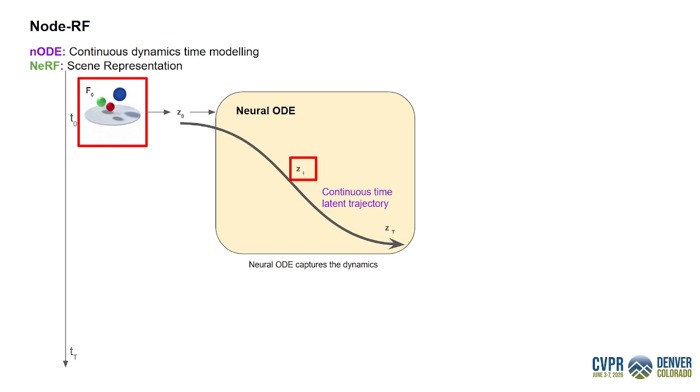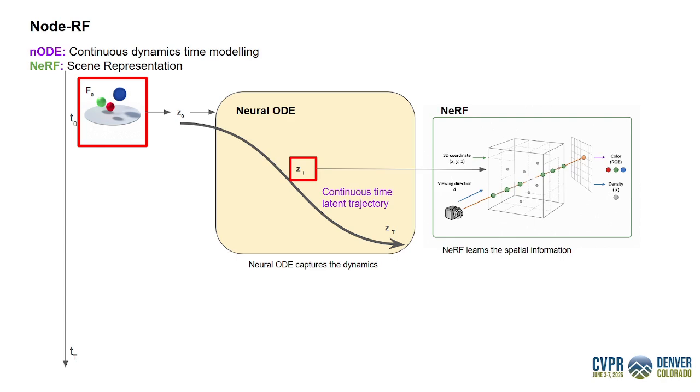We sample one latent code and pass it to NeRF. The NeRF uses this latent code along with the 3D coordinate and viewing direction to render an image.